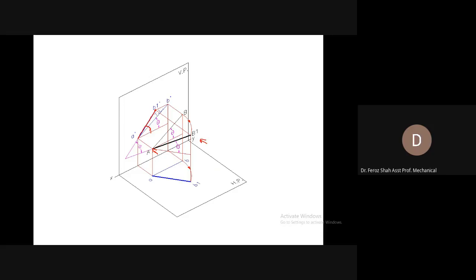It is called apparent angle because you haven't changed the inclination of the line with the horizontal plane.